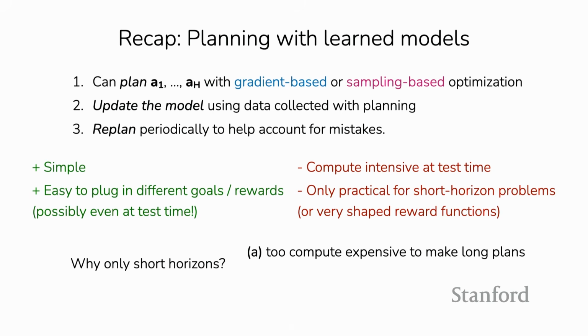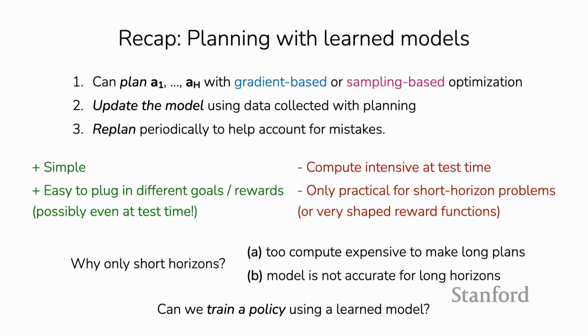There are two reasons why this is only applicable to short horizons. One is that as you increase the horizon, it becomes even more compute intensive. The second is that the model is not very accurate when you try to apply it multiple times to generate a long trajectory.